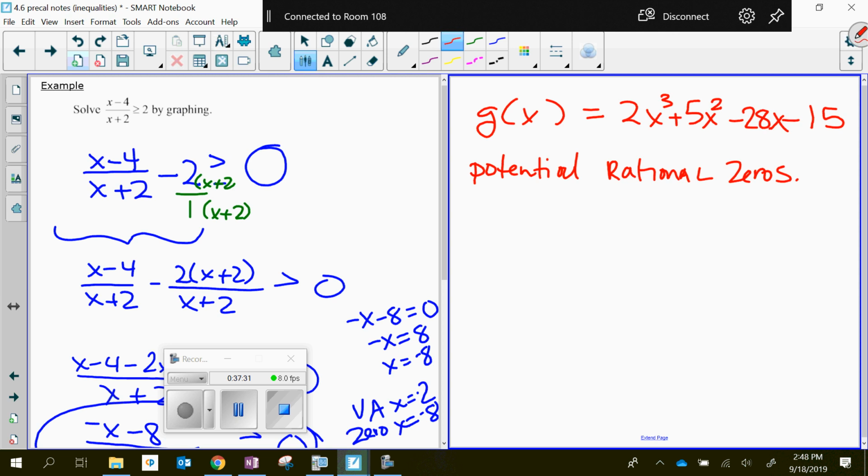Okay. We know it's P's over Q's. How are we going to remember if P comes from here or P comes from here? How do we remember that? Because that is a problem. Okay.